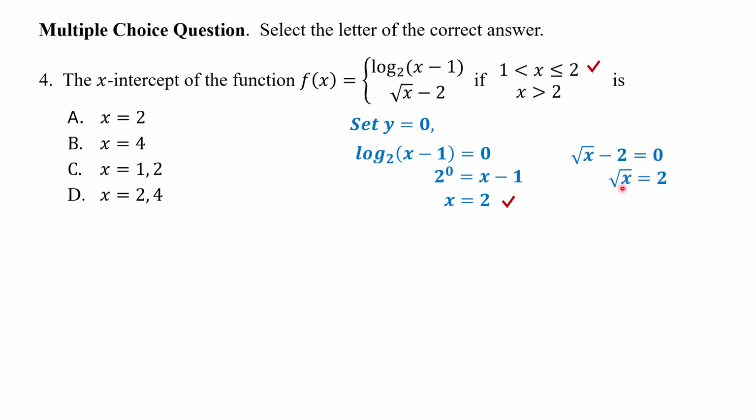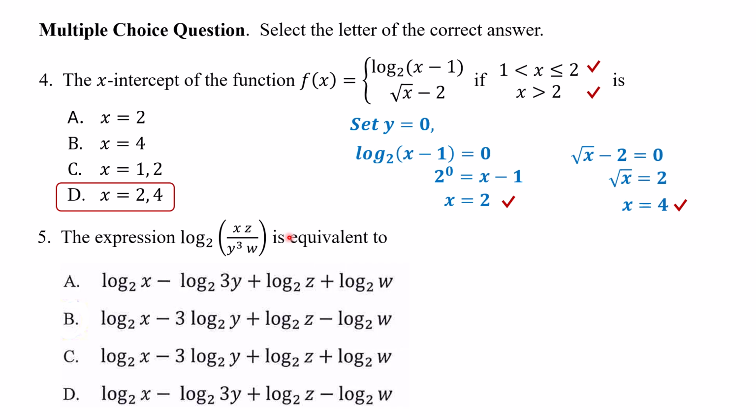And then squaring both sides, x is equal to 4. And then let us check if this x value is in the domain of the second equation. Since x equal to 4 is greater than 2, we have to accept this as an x-intercept. So meaning the x-intercepts are 2 and 4, which is letter D.